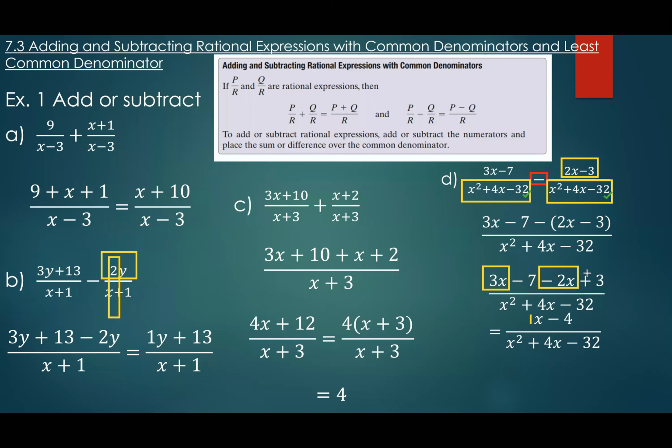And negative 7 plus 3, well, same sign I add, opposite signs I subtract. And if I subtract, I keep the sign of the larger number. So negative 7 and a positive 3, I subtract to give me 4. The bigger number is a negative, so I have to keep a negative 4. So everybody see that on the numerator, once I combine like terms, this is what I have, which is x minus 4.